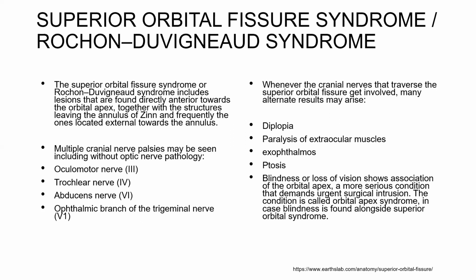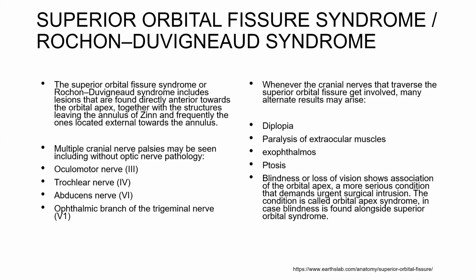So in superior orbital fissure syndrome, or the Rochon-Duvigneaud syndrome, as we say, enclosed lesions are found directly anterior to the orbital apex, together with the structures leaving the annulus of Zinn, and frequently the ones located external to the annulus. Multiple cranial nerve palsies may be seen, without any optic nerve pathology, which is very important for you to distinguish it from the orbital apex syndrome.